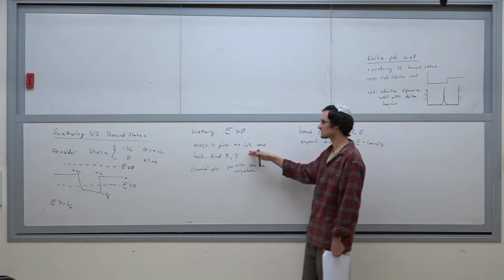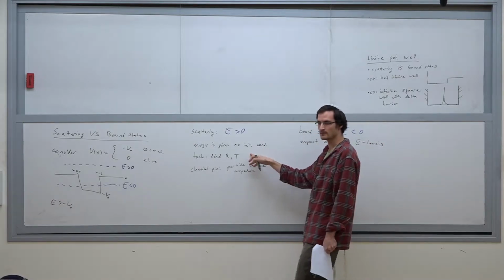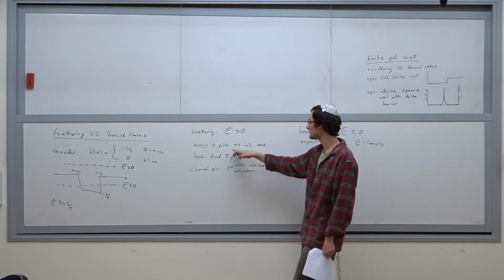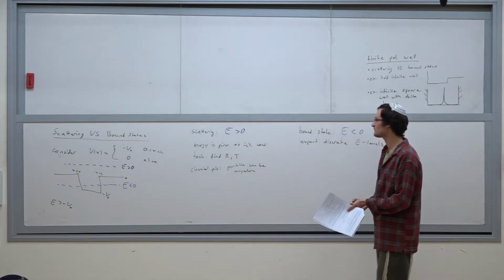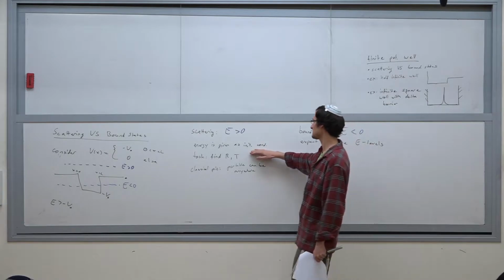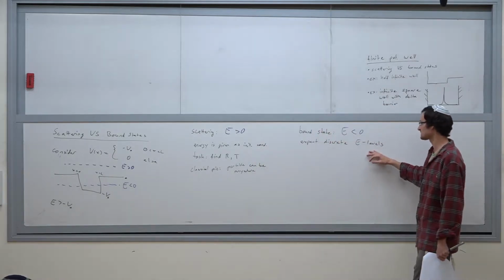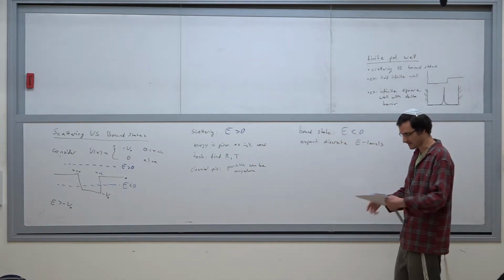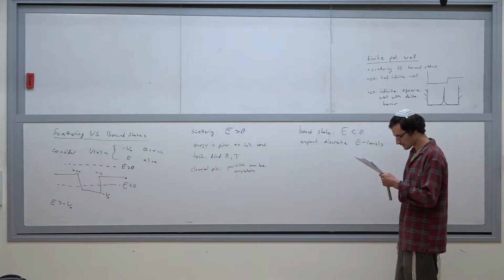In the scattering case, the energy was a given energy, which is a continuous spectrum. In this case, we're expecting a discrete energy spectrum, and indeed we will find that very soon.